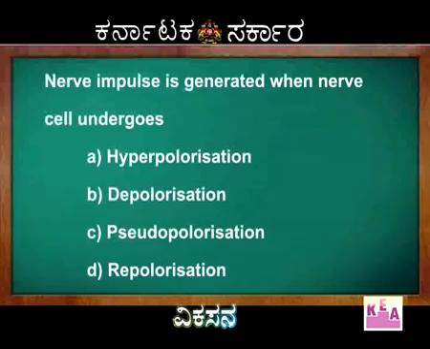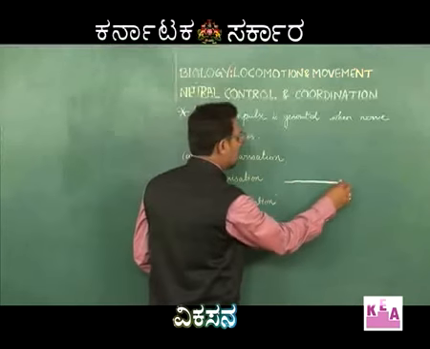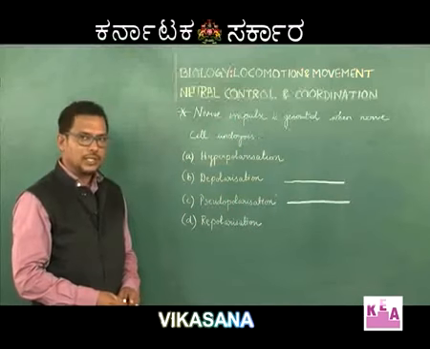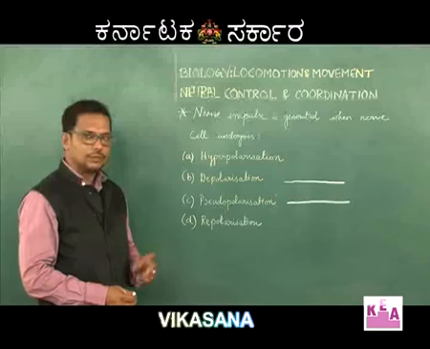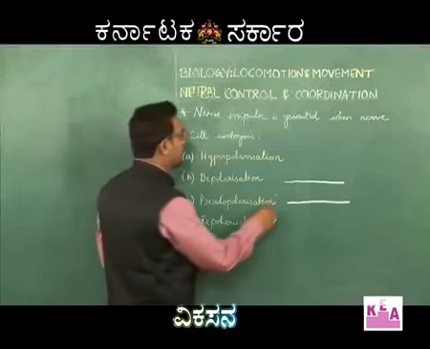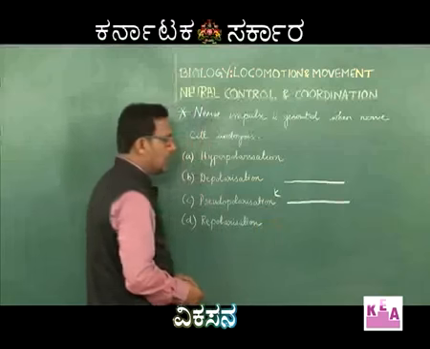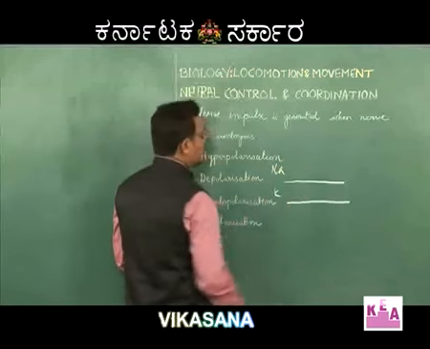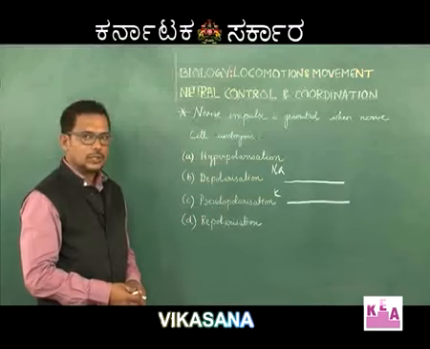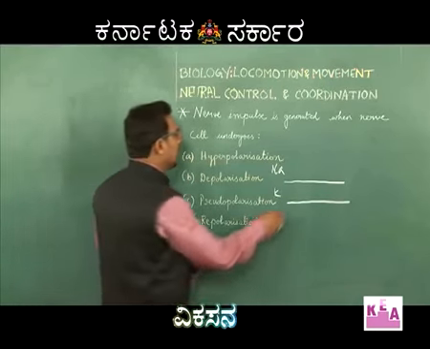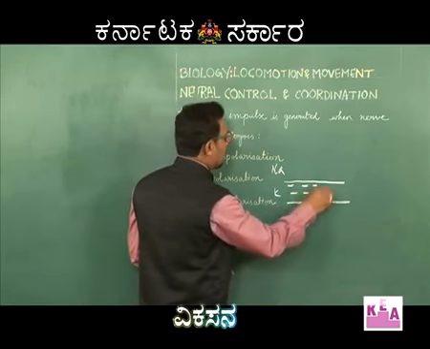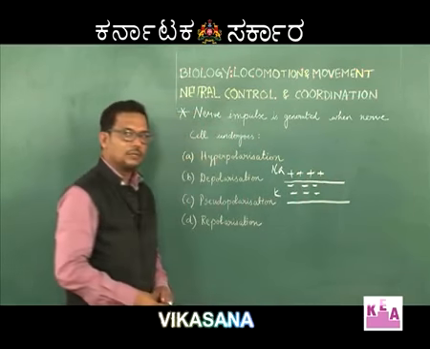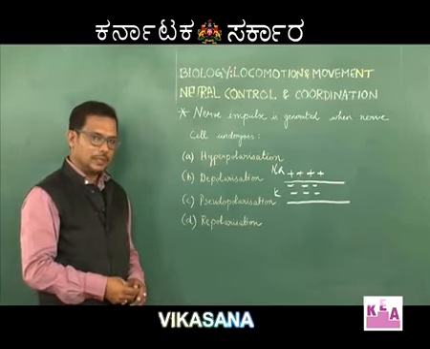As you all know, during conduction of nerve impulse, the membrane potential between outer and inner surface of the nerve fiber, there are more potassium ions on the inner surface and more sodium ions on the outer surface. So, the potential difference here is negatively charged towards inner surface and positive charge towards the outer surface. We call this resting membrane potential.